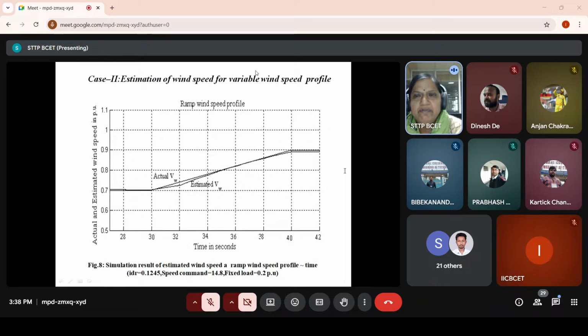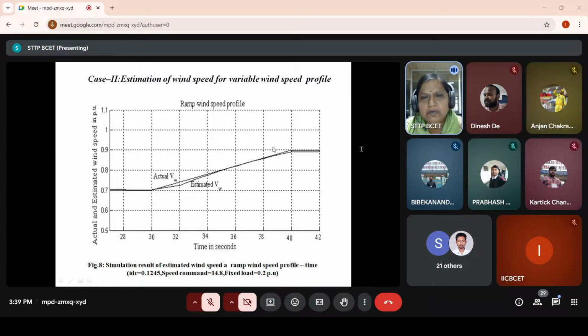Then we are having a variable wind speed profile, because wind speed is not remaining constant, it may vary. So we need to check our system for variable wind speed profile also. Here we have taken a ramp wind speed profile. You can see the actual wind speed is at 0.7, and then it is taking a ramp shape. Then it is switching to 0.9.